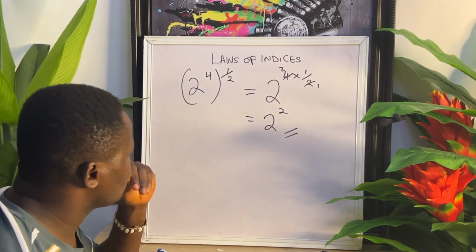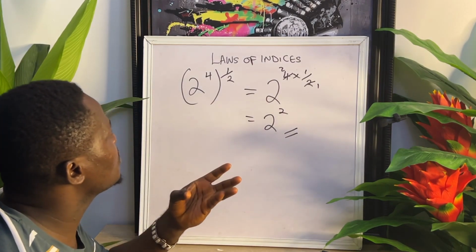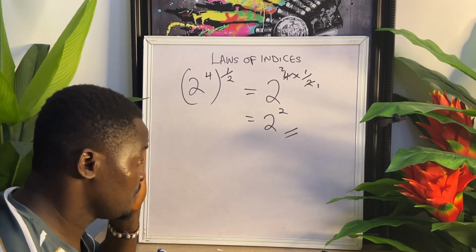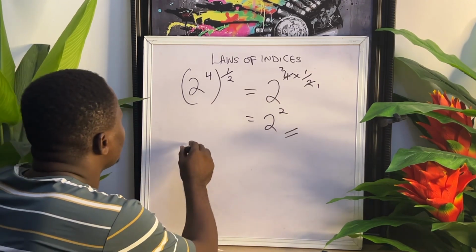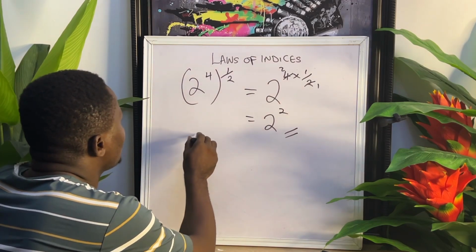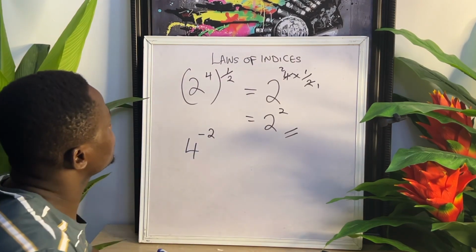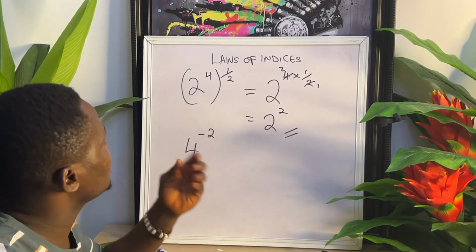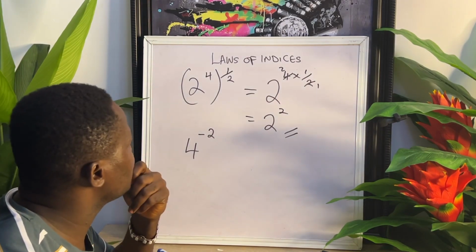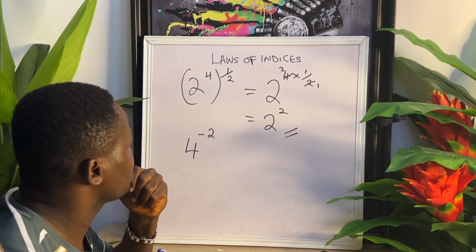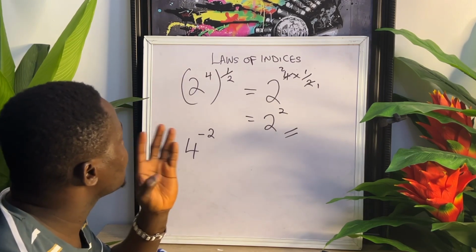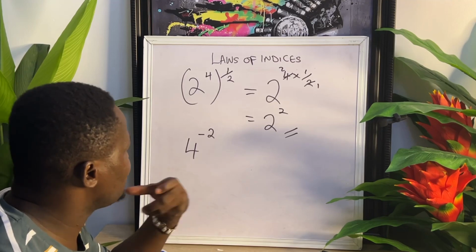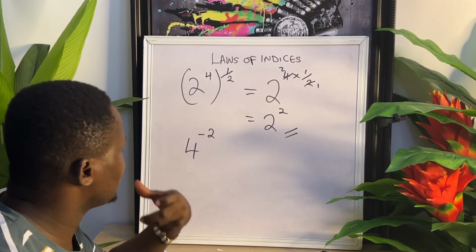Then apart from this, there is also negative power law. Take a look. 4 raised to power minus 2. This law states that in a situation whereby we have a power with negative sign, that negative turns the base to inverse.